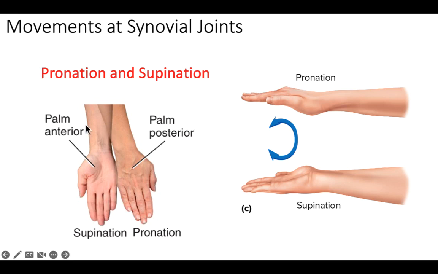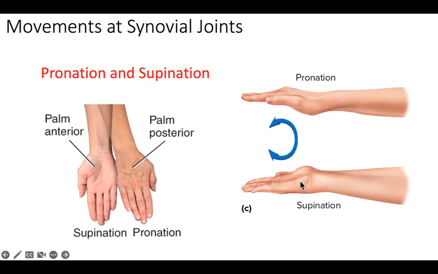Pronation is when you turn your palms posterior. When you go from this position to this position, that's pronation. When you're going from this position to this position, that's supination. So pronation is palms down or palms posterior.